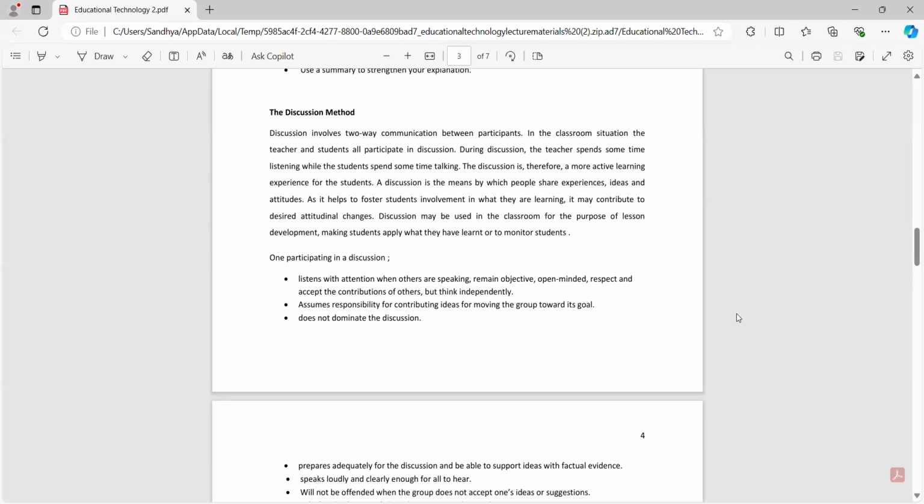Yes, discussions can be whole class, and discussions can be group. If it is a group discussion, you have to group them properly using grouping techniques. Grouping is a technique, right? We will be discussing it under techniques. So what else?